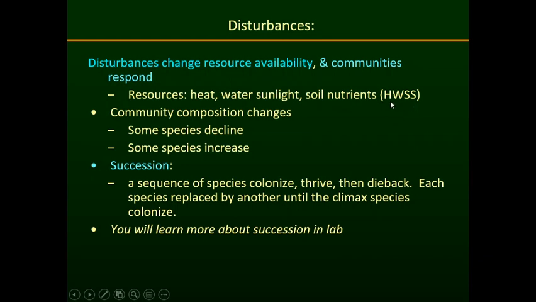Heat, water, sunlight, and soil nutrients. Those are four of the resources that are really important for shaping why you have different types of ecosystems. Think about this as a formula: if you add or subtract from any one of these four categories, you're going to have a different type of ecosystem.